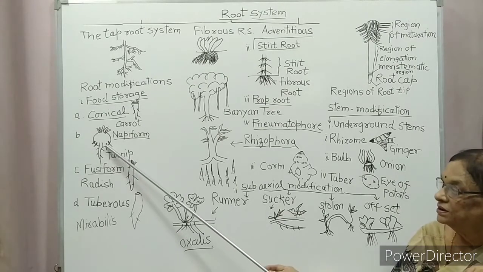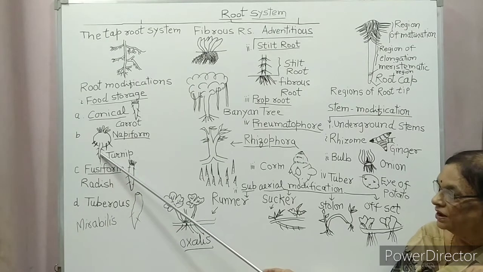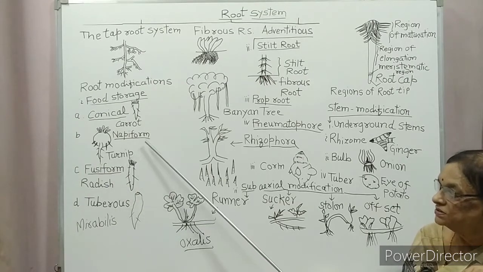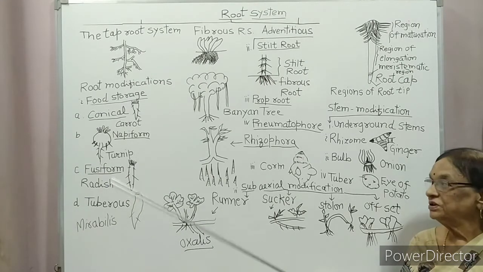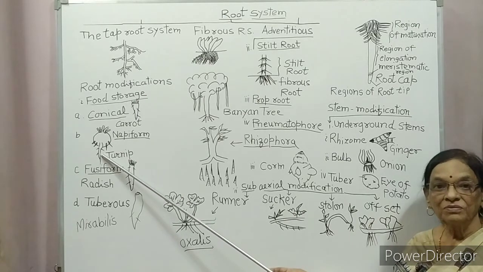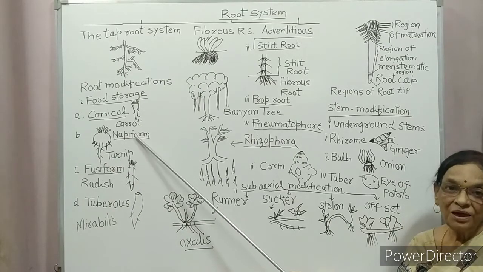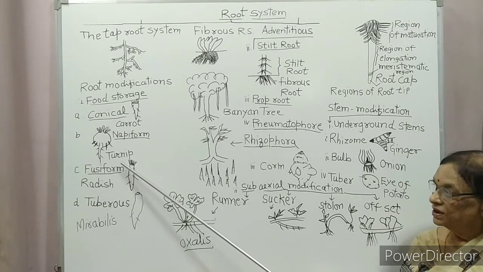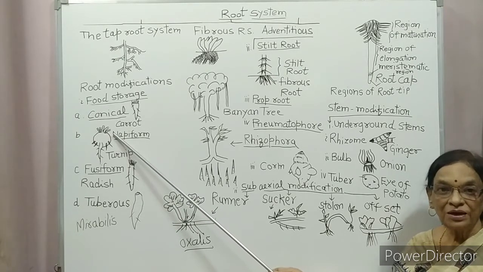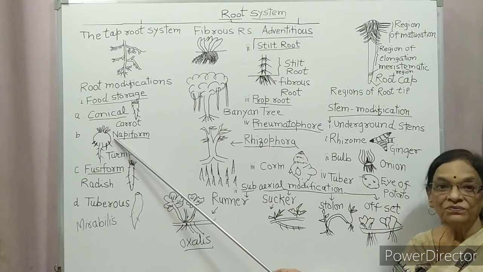Abruptly, it becomes elongated and grows branches like this. So such type of root which is swollen in the center and then forms an elongated root is called a napiform root. Example is turnip. It is also a taproot because there is a main modified root.